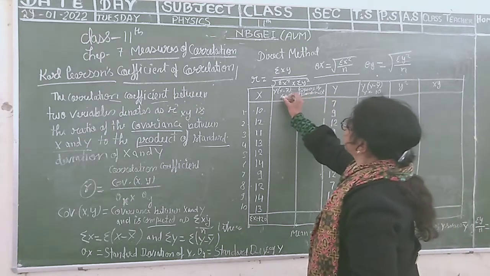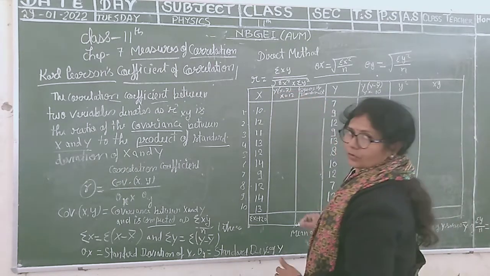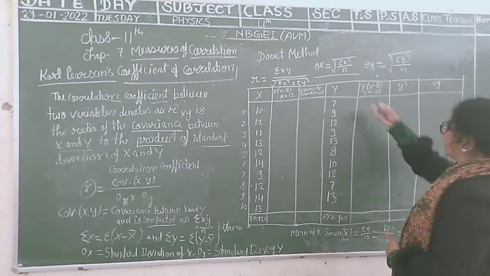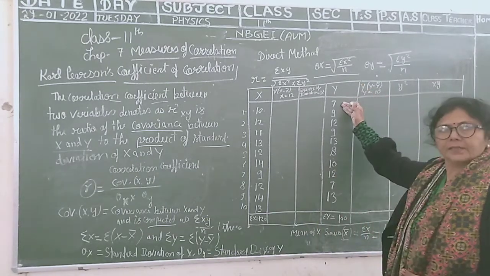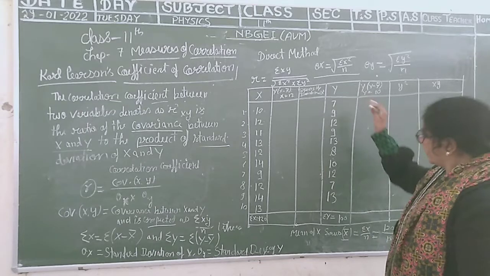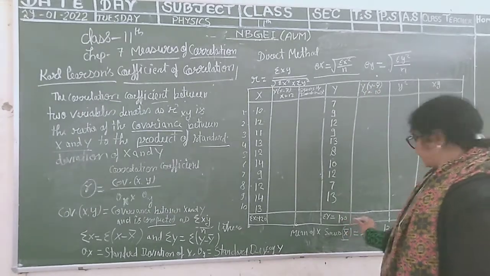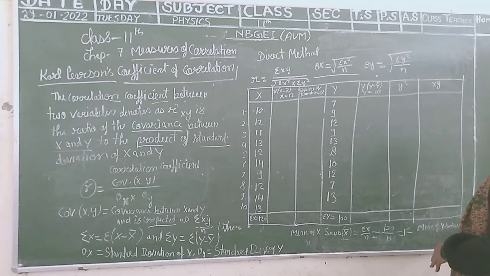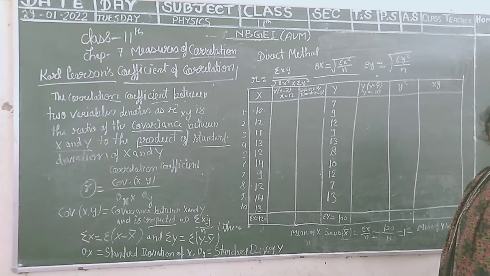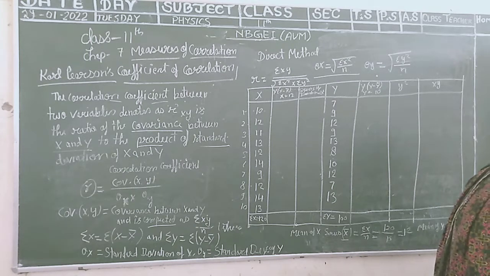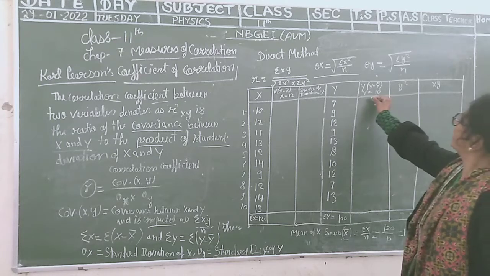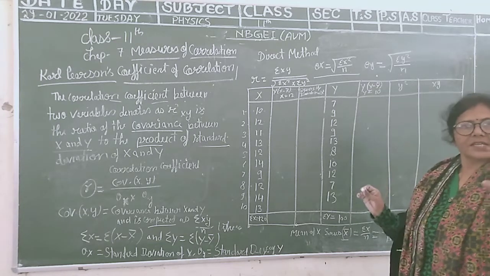So x mean equals 12. Then the y numbers are also 10 in count, and the sum of the total is 100. Dividing 100 by 10, the y mean equals 10. Understand?